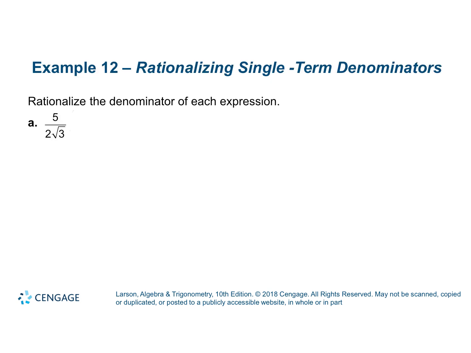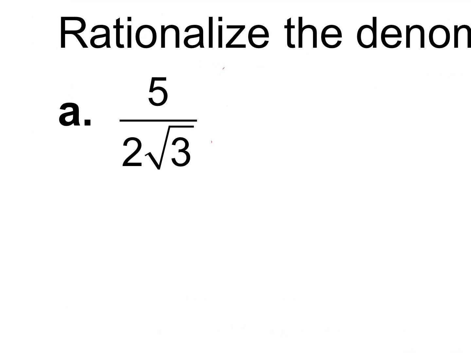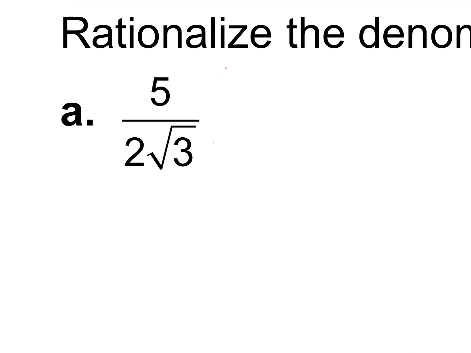So looking at example 12, to rationalize the denominator, we want to get rid of the square root from the denominator. There's a couple different ways that we can do this. The easiest, I would say, is we want to see what our square root is, and we're going to multiply whatever the square root is to the top and the bottom. So I'm going to multiply the square root of 3 to the top and the bottom.